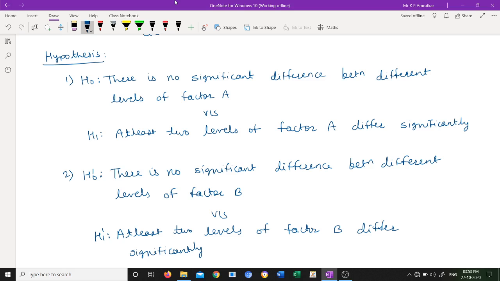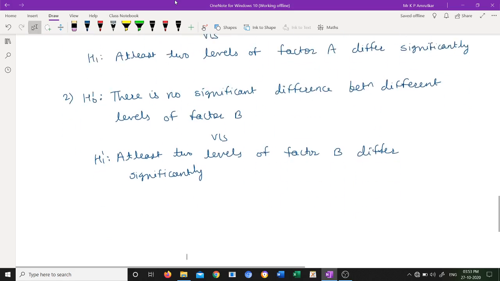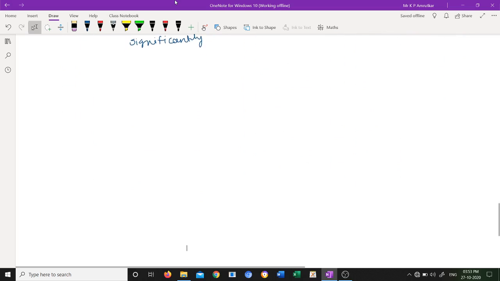Now, after writing these hypotheses, we are going to move to sum of squares. The total sum of squares we will denote by SST.